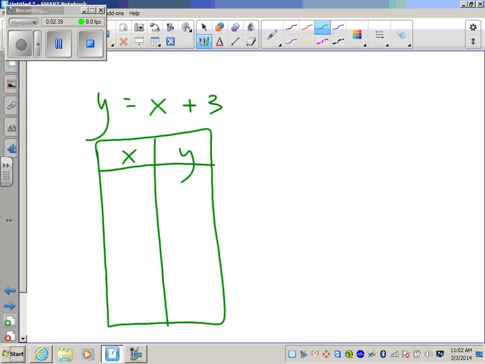Here's the rule. I'll fill out the table. They'll give you values for x. So they're going to go -2, -1, 0, 1, and 2.